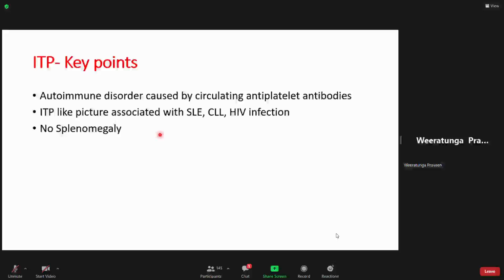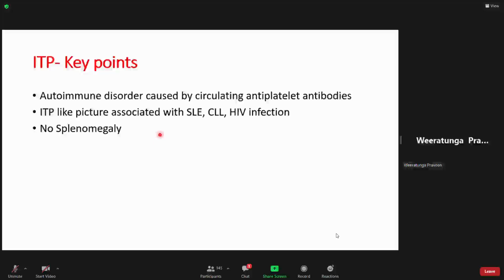Right. ITP. Now ITP is not the commonest cause of thrombocytopenia, but it's an important cause. The problem here is that there are antiplatelet antibodies, which cause platelet breakdown.